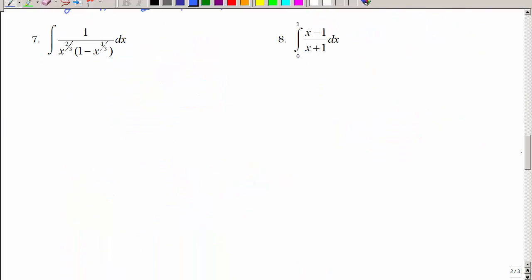A couple more examples. A little scarier. So one might be tempted to distribute that, and you could, but I don't think it would get you anywhere. What could you let u equal to? Let's try this. If I let u equal to 1 minus x to the 1/3, what's du?